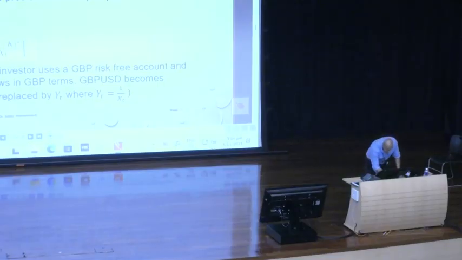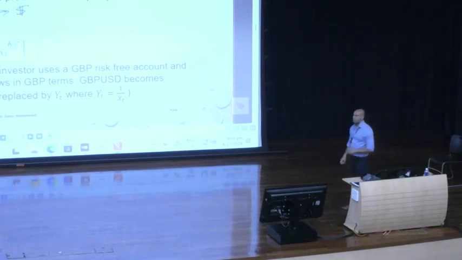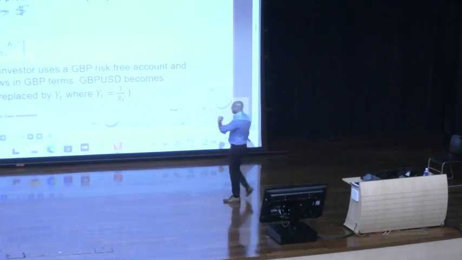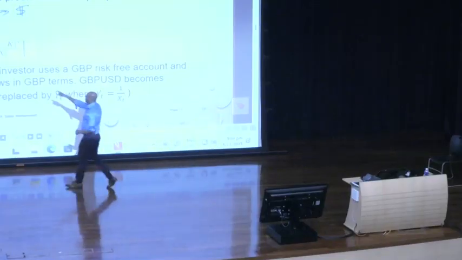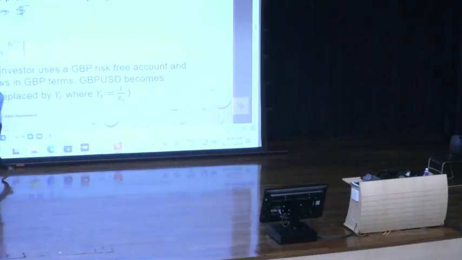But remember, this quantity up here, what is that? That's a dollar amount, right? That's a dollar amount. But if we divide it by X, and that's the foreign exchange, it converts this dollar amount into a pound amount.